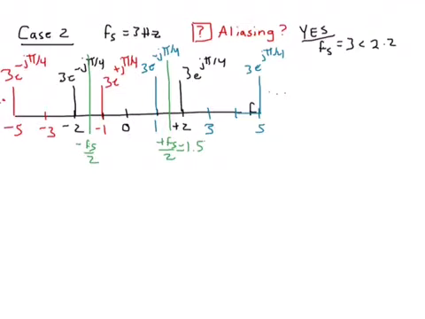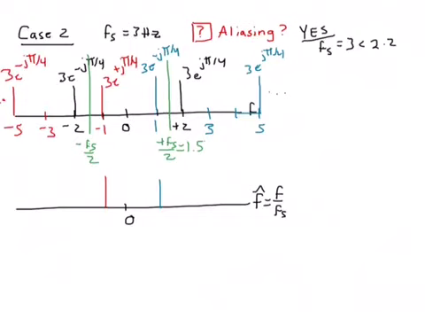Okay, so now we could redraw this in terms of f hat. We'd just relabel these axes, and that's straightforward to do. So if we sketch this in terms of f hat, f hat is f over fs, so we just divide everything by 3.